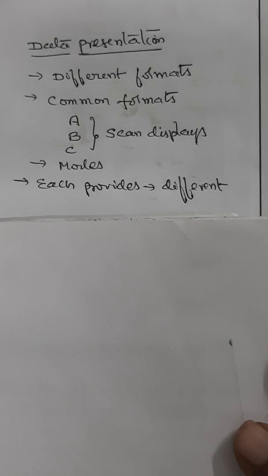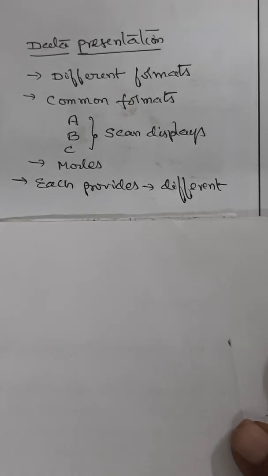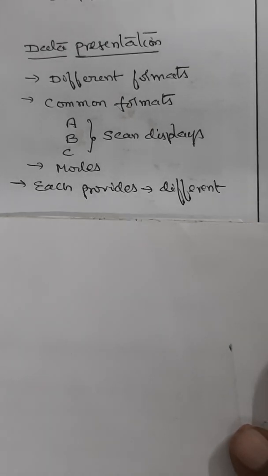So the ultrasonic data can be collected and displayed in a number of different formats. Of course, three most common formats are available to understand the scan displays. They are named A scan, B scan and C scan displays.